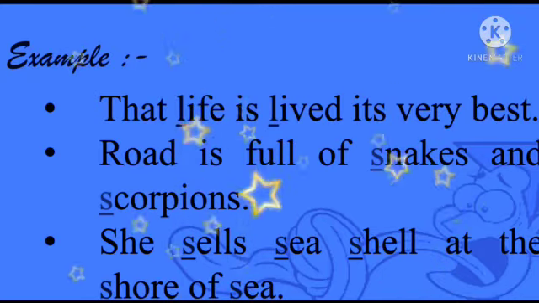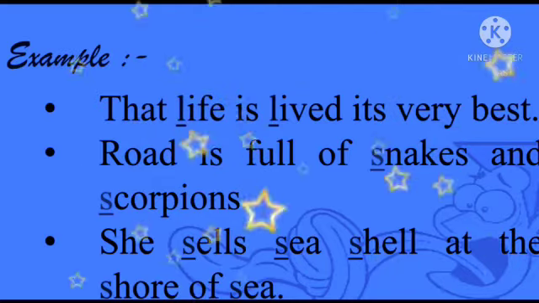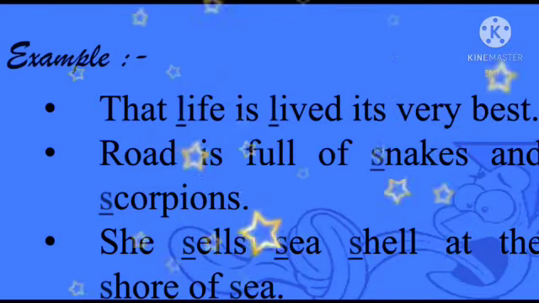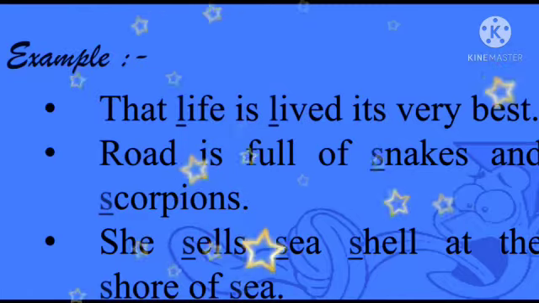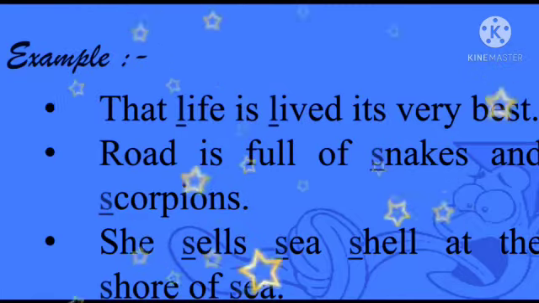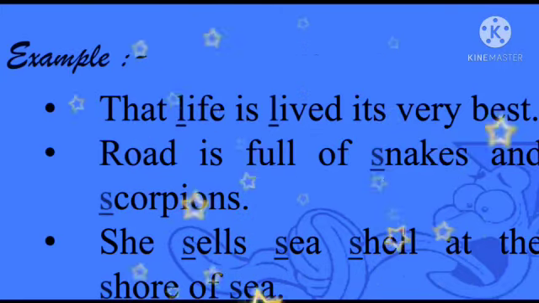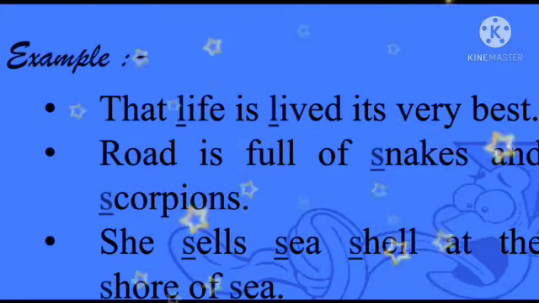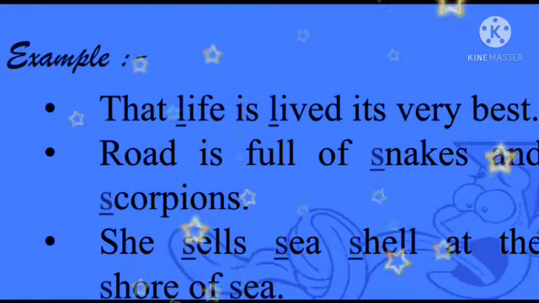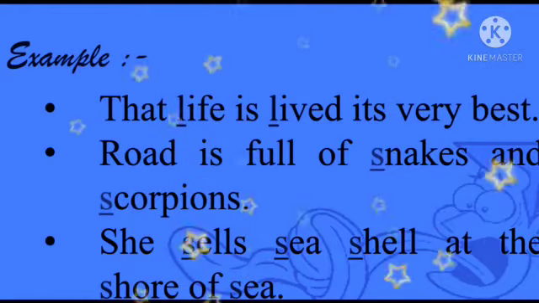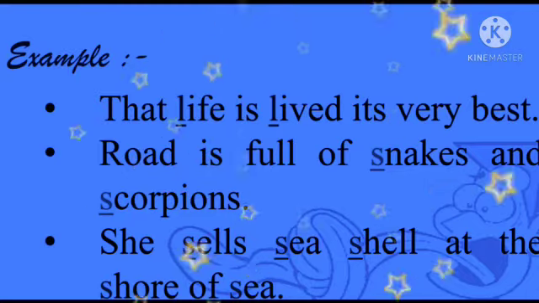Second example, road is full of snakes and scorpions. So here the letter S is repeated. Next example is she sells seashells at the shore of the sea. So here in this sentence the alphabet S is repeated many times. So it is known as alliteration.